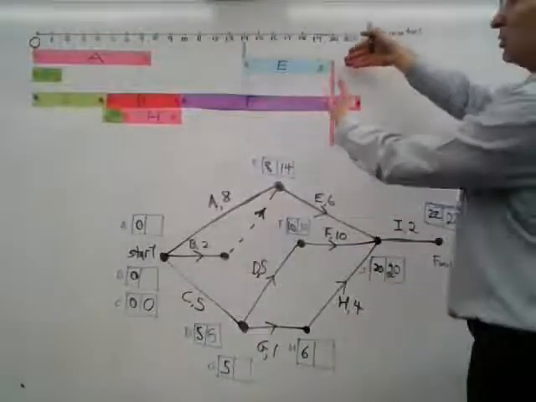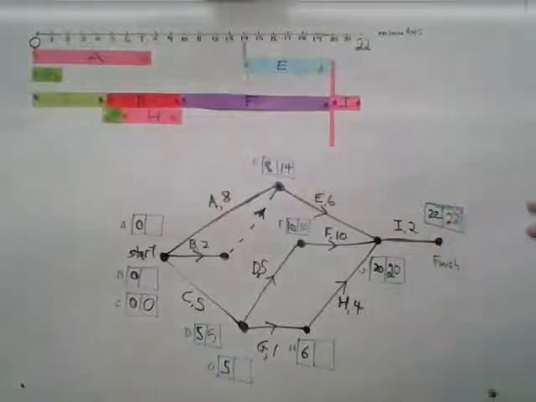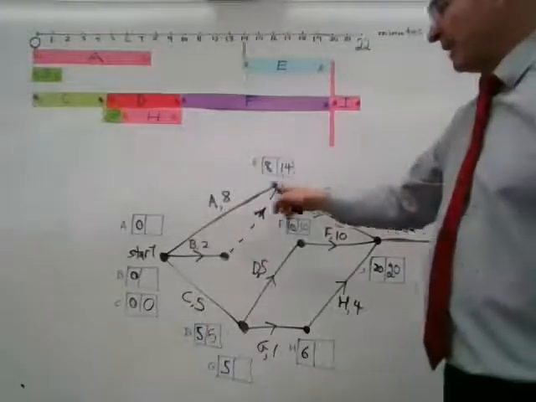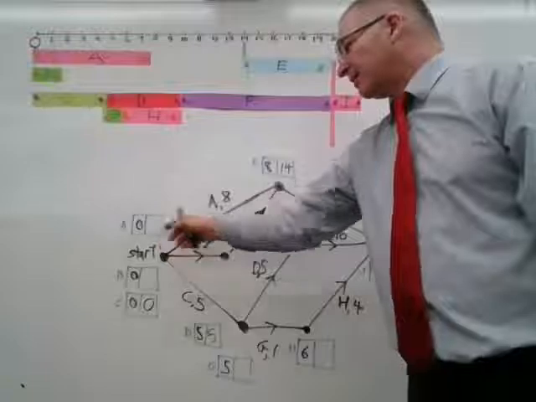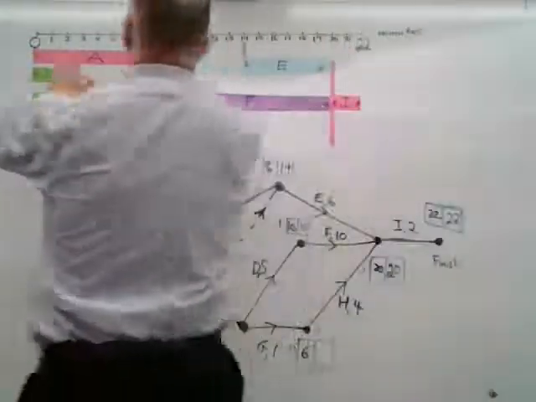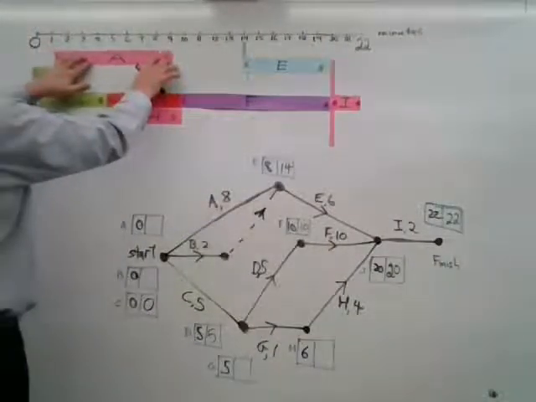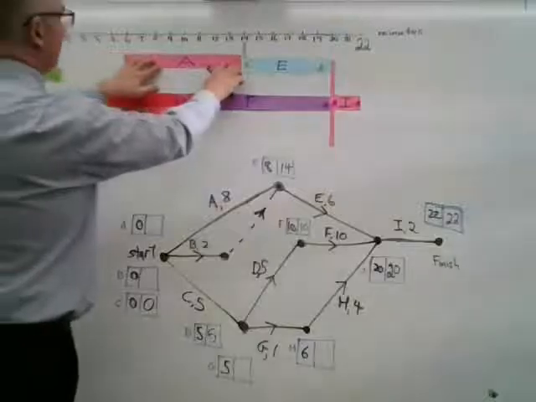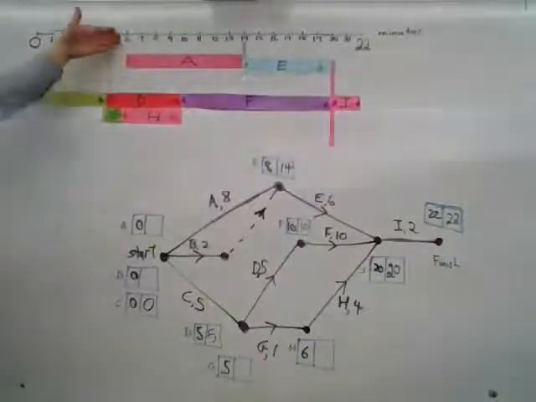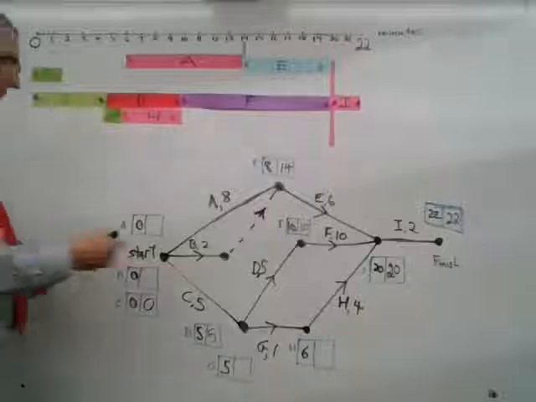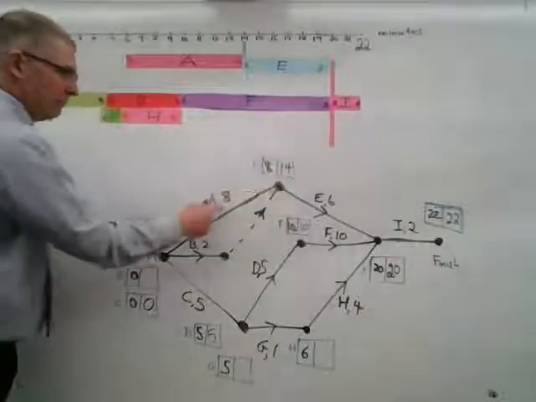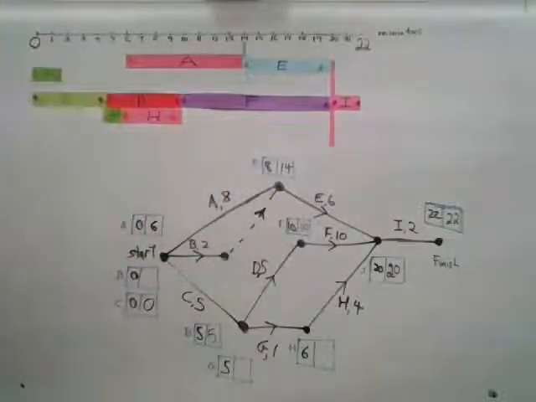That's when it starts to push on the activity I. What about the latest that A can start? Well, as you can see here, if E is pushed all the way forward that it can be, A can actually start at the 6-minute mark. 14 minus 8 is 6.